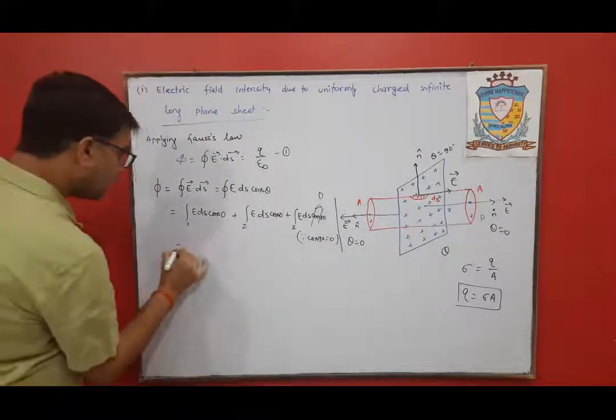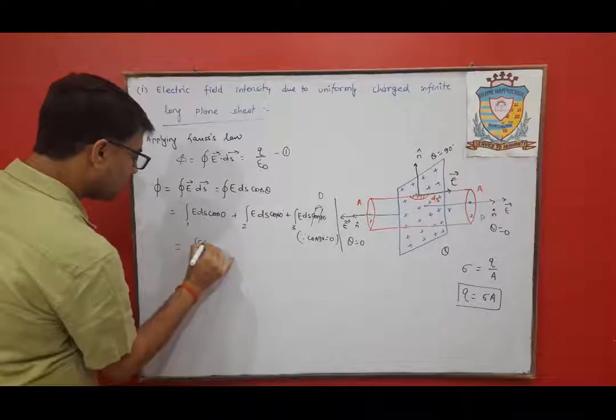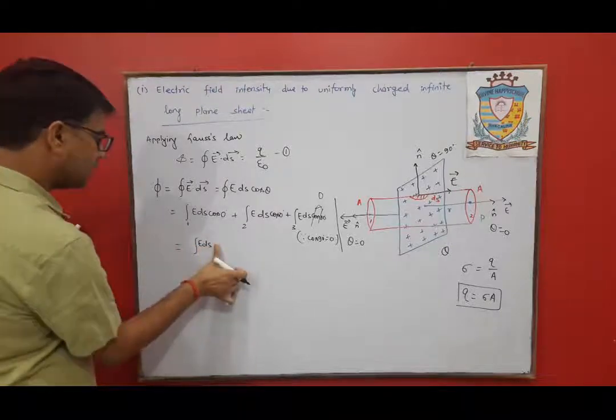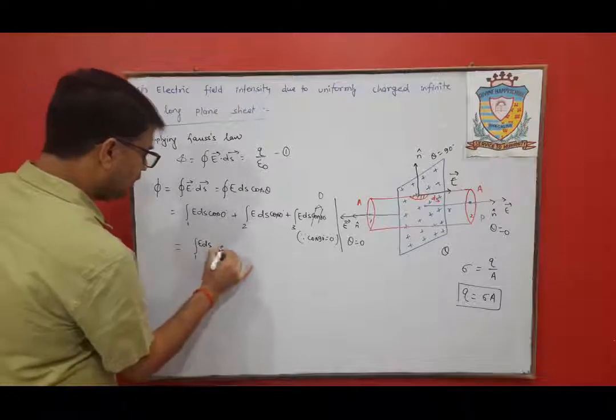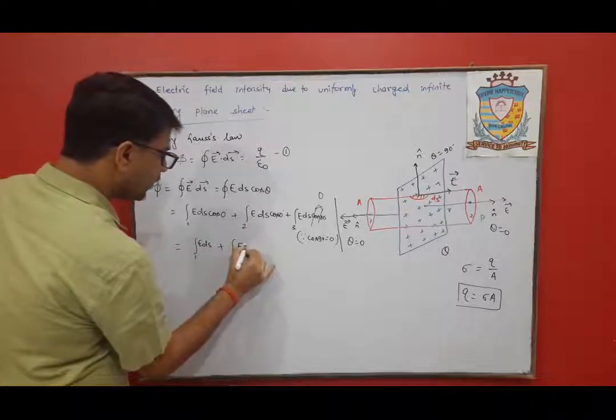Now E ds cos 0 is E ds, for the first and for the second.